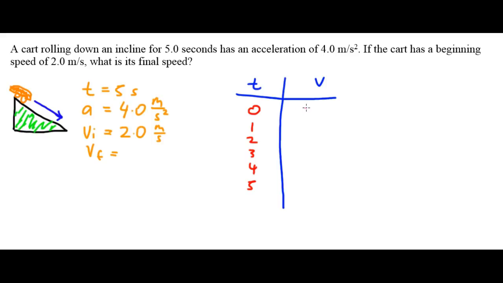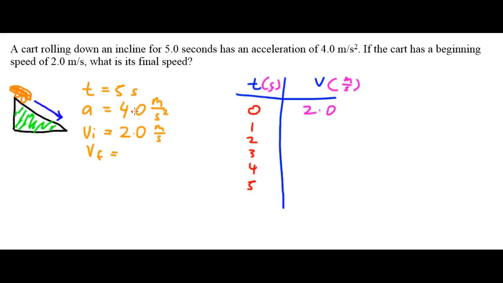Our time is in seconds. It's good when we're doing the table. Our velocity is going to be in meters per second. We can add that in so that we don't have to put in the units every single time. So it's going at 2.0 meters per second at the start.